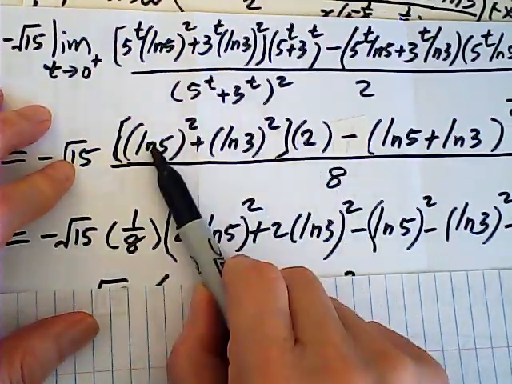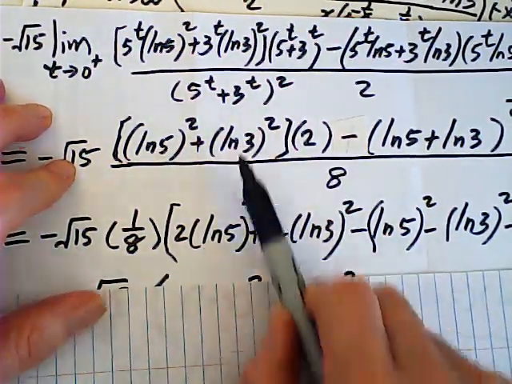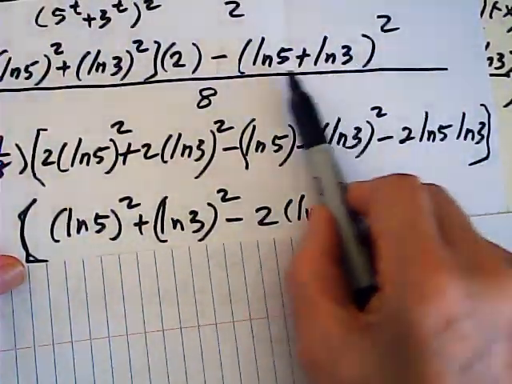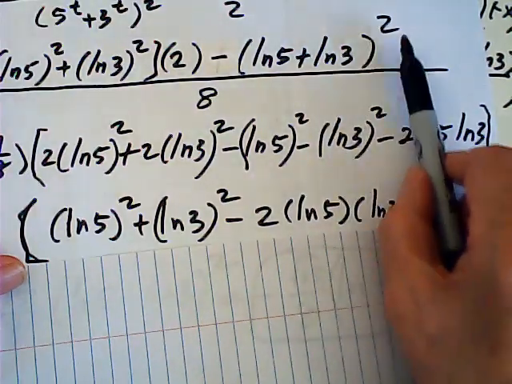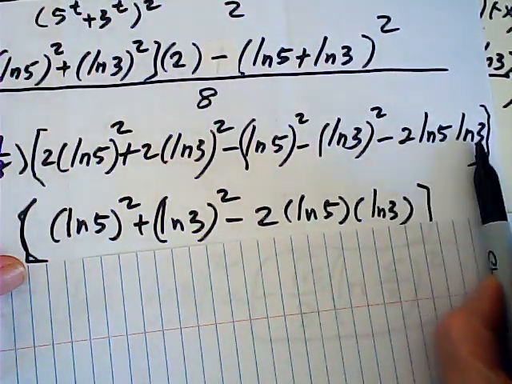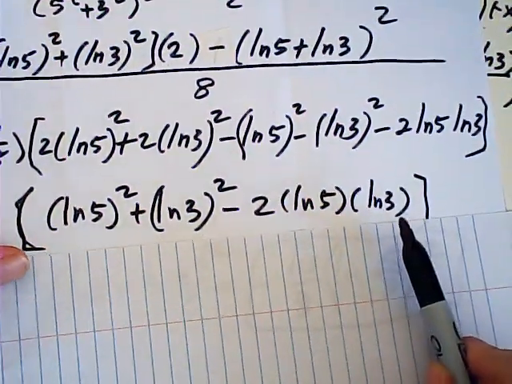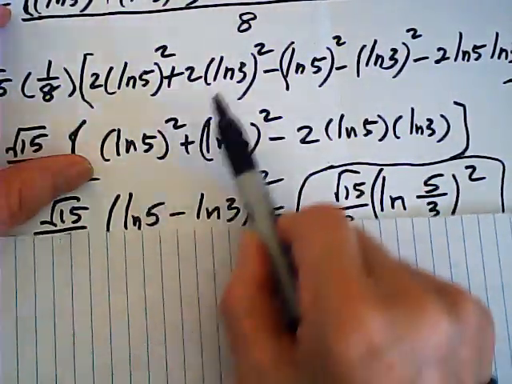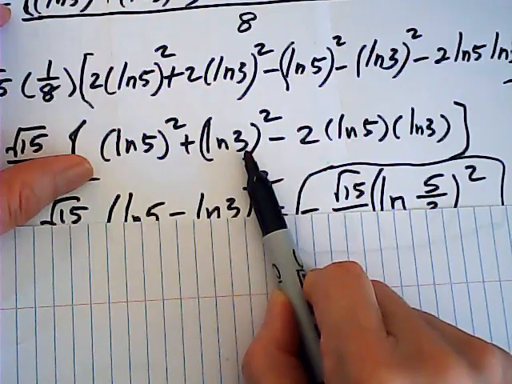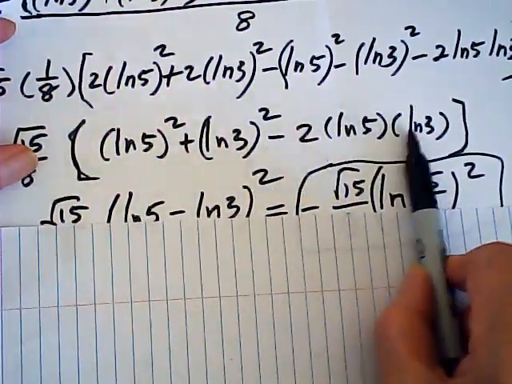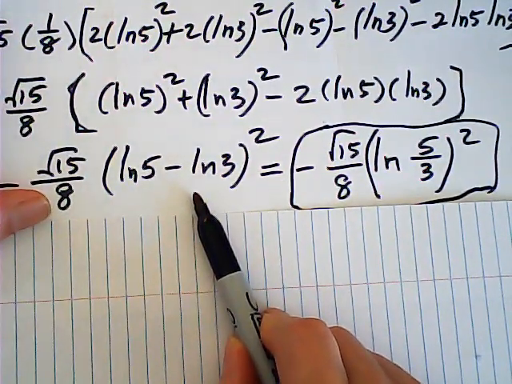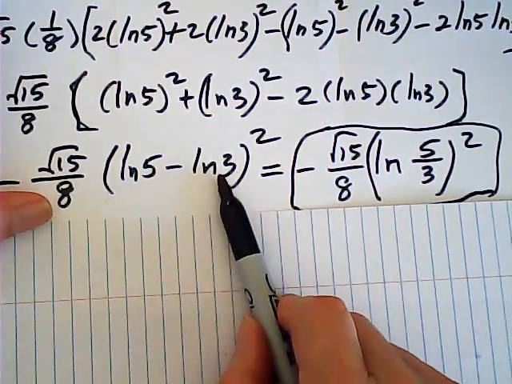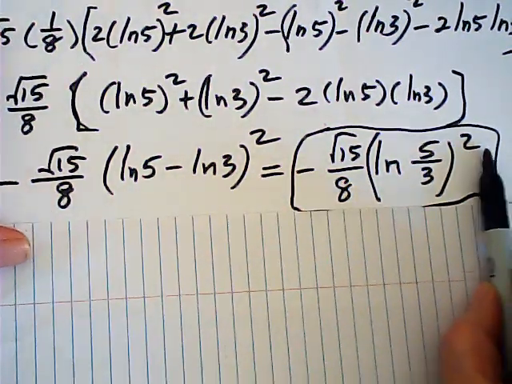This squared is this squared minus 2 times this, because of the negative here. Then these three become this, and this is log 5 over 3 squared down there.